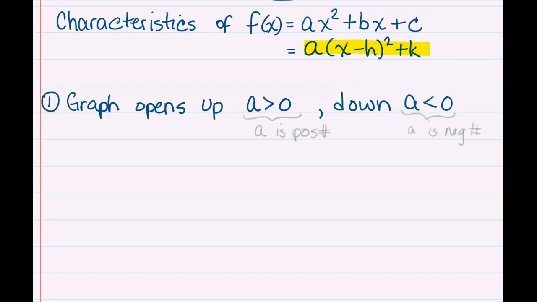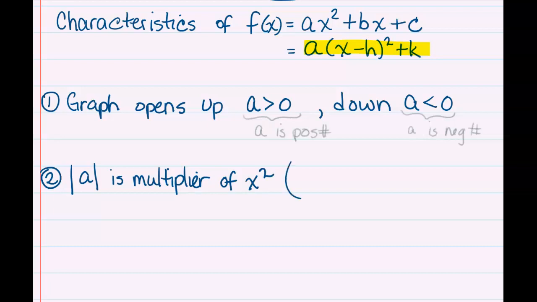The second thing is that we know that if you get the absolute value of a, this is what we call a multiplier of our parent function, x squared.